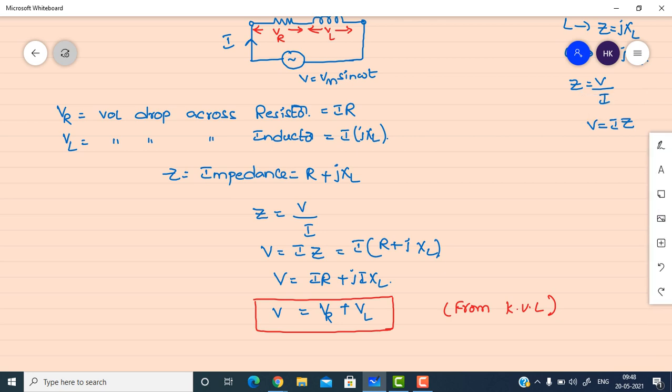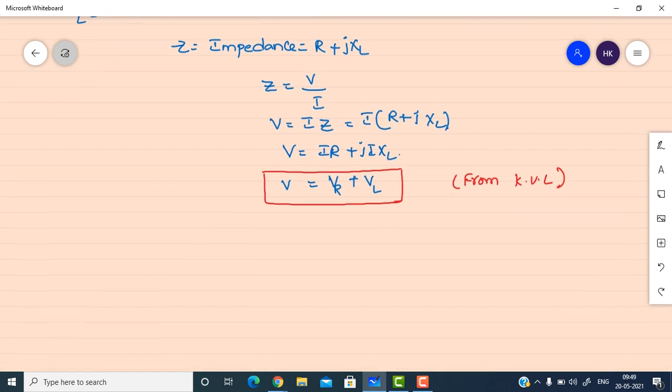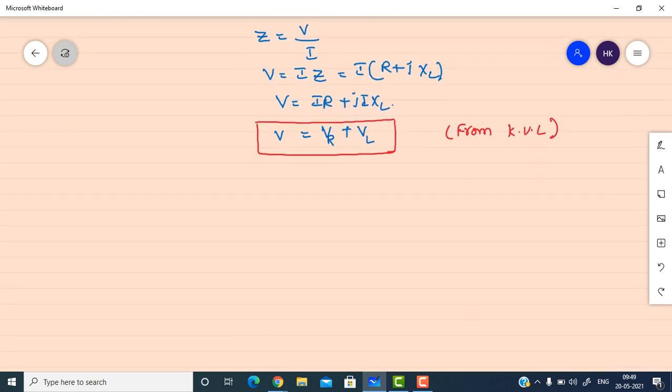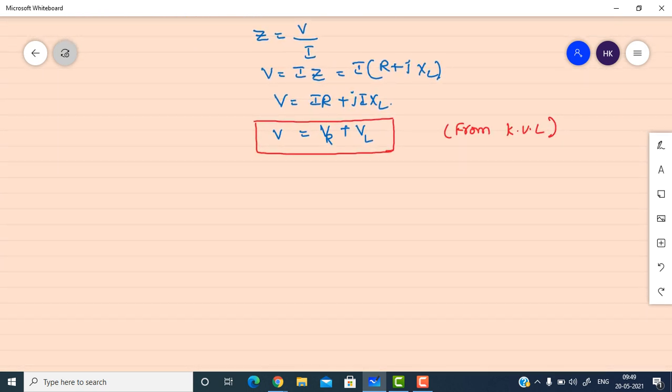Now let's draw the phasor diagram for this circuit. Whenever you are drawing the phasor diagrams for the series circuits, this is series RL circuit, take current phasor as reference phasor instead of the voltage phasor. Why? Because the current passing through all the elements is same. So that's why we have to take the current phasor as a reference phasor.